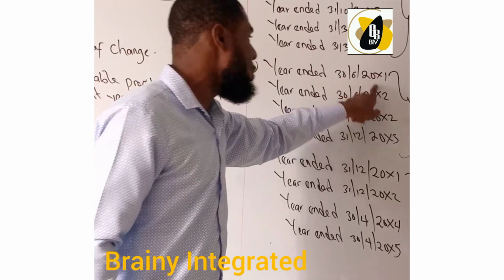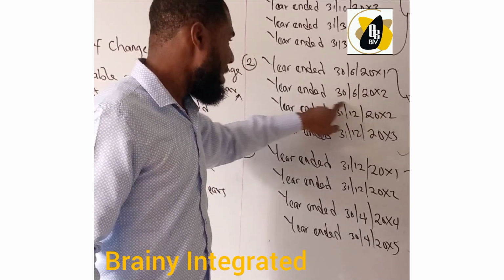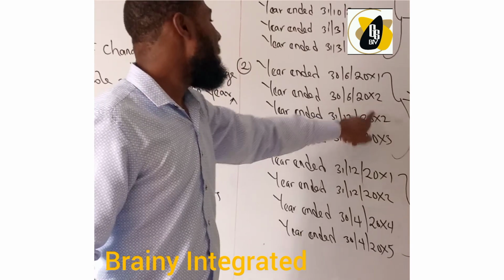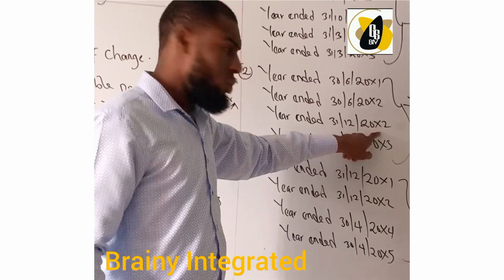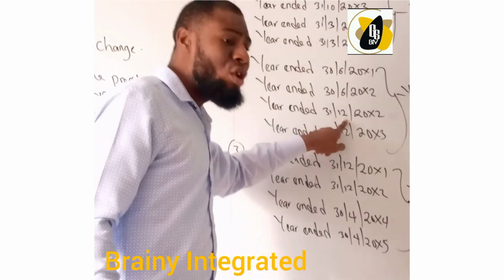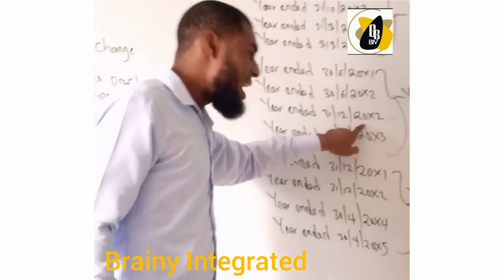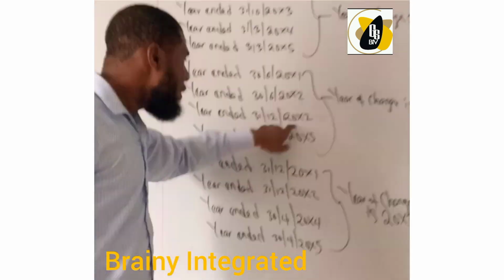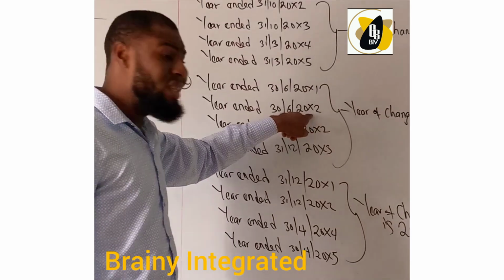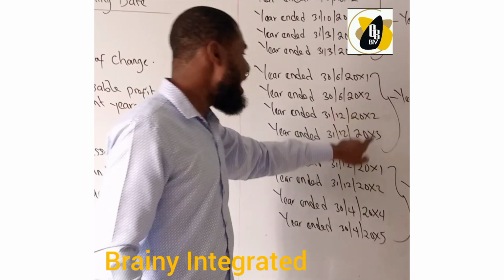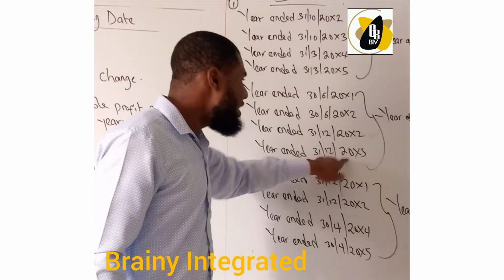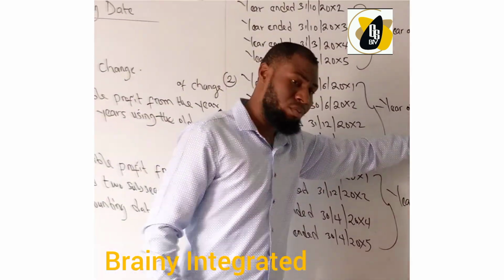We have seen 20x1. We have seen 20x2 in the same year end. But we are now seeing another 20x2 with a different year end. We cannot pick 20x2 as the year of change. Why? Because we have seen 20x2 as a year end already. So we'll move to the next one, which is 20x3. 20x3 is the year of change.